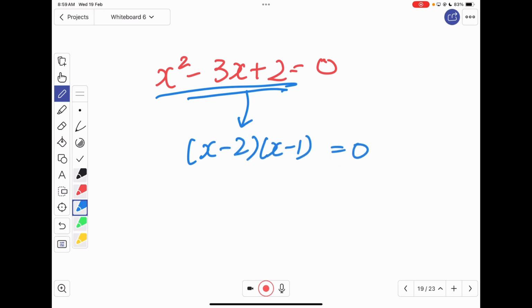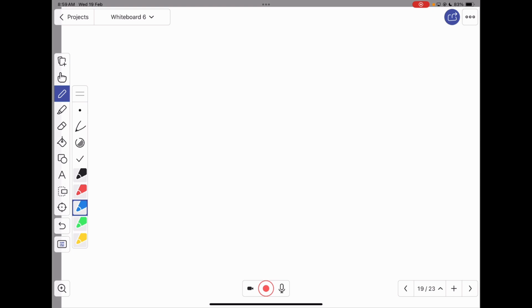You cannot just straight away from here write x equals 1, x equals 2. There's a change. I know last time I said can, now cannot. Then you can use the quadratic formula, but you need to show the quadratic formula. So you cannot just use the calculator.